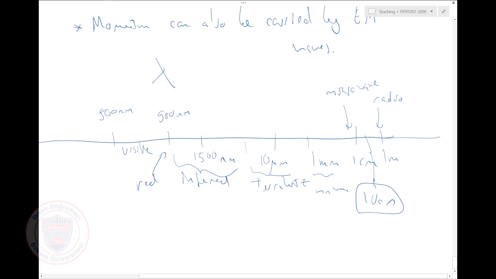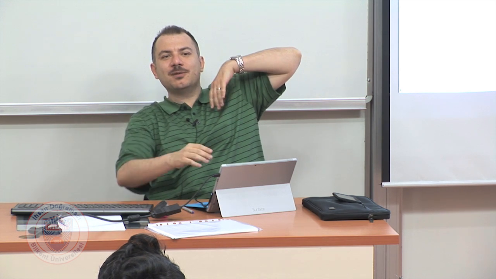How about larger waves? Radio, TV is somewhere here. Do you know what's the longest wavelength electromagnetic wave we use for communication? It's around 100 meters. Sorry? No, actually, it turns out satellites, we use pretty much microwaves.